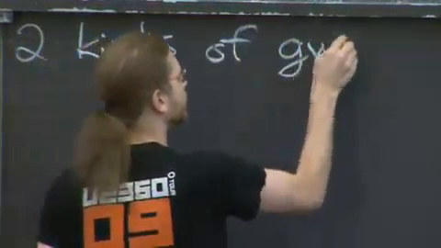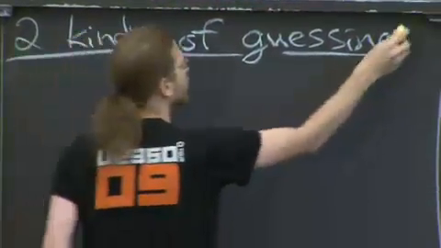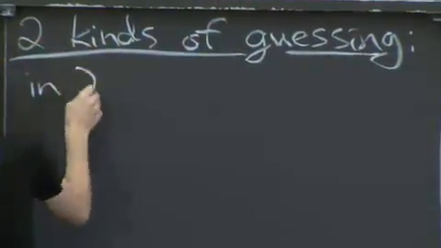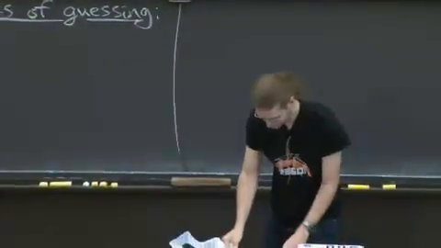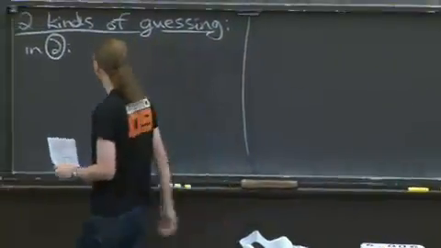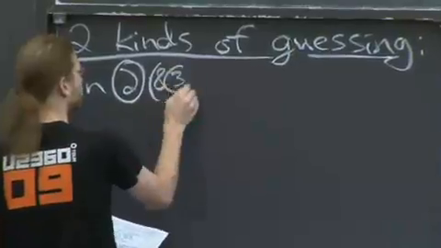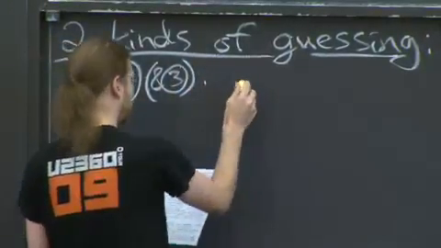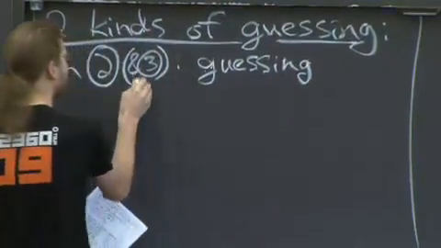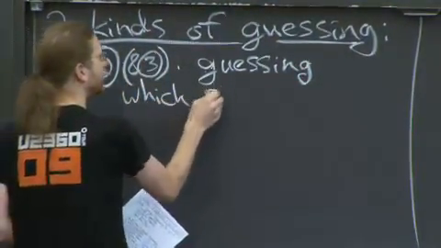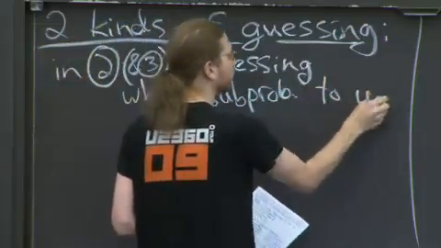So, two kinds of guessing. You can do it in step 2 and 3, where you are guessing usually which subproblems to use in order to solve your bigger subproblem.